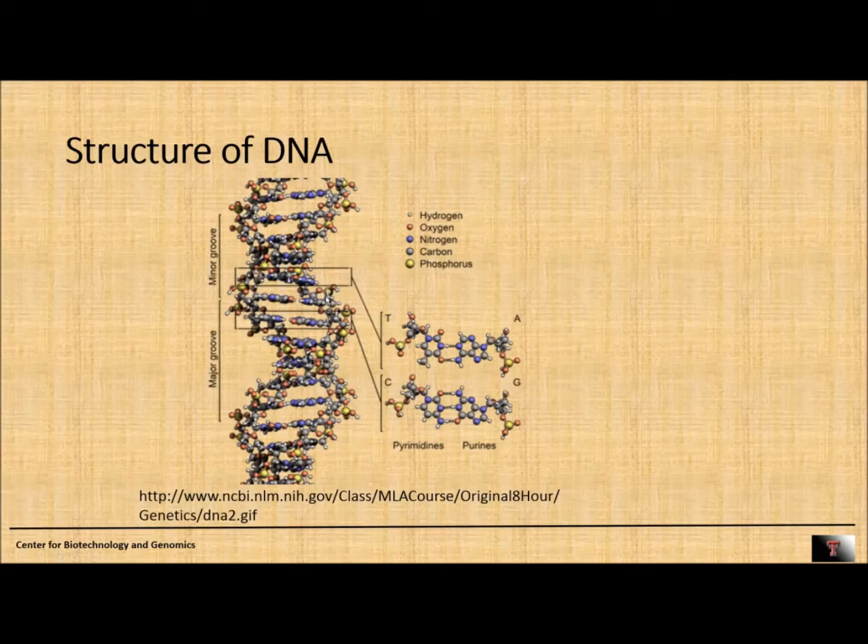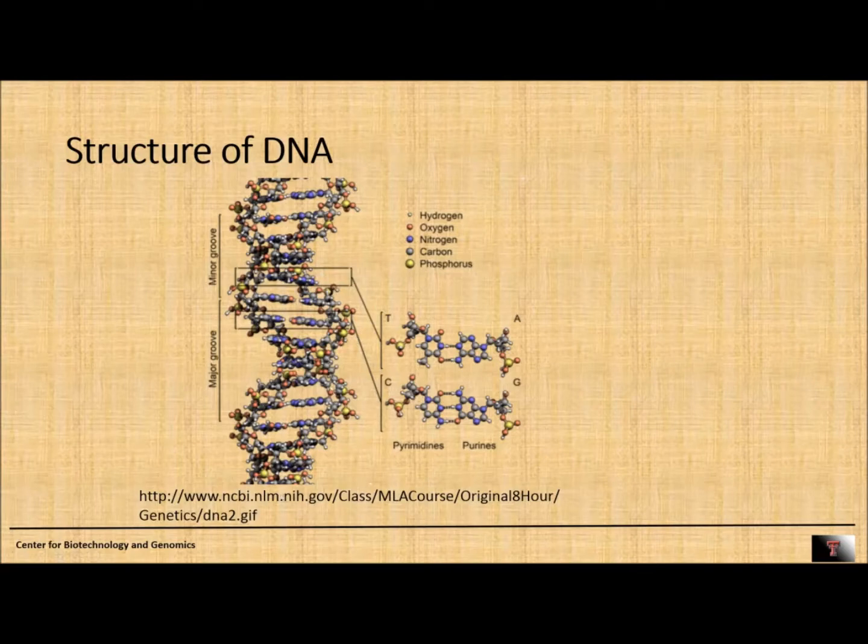If we look at this structure in a little more detail, you'll see a five-membered ribose sugar ring, and associated with it is a phosphate group, PO3 minus or PO4 minus. So this is associated with a phosphate group, and this forms the sugar.